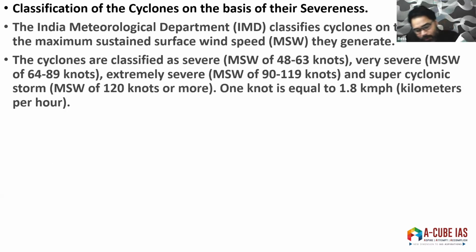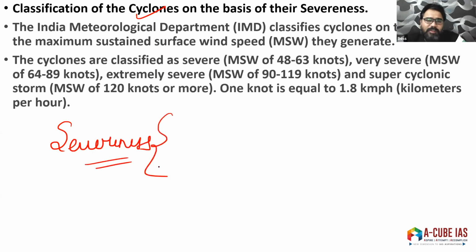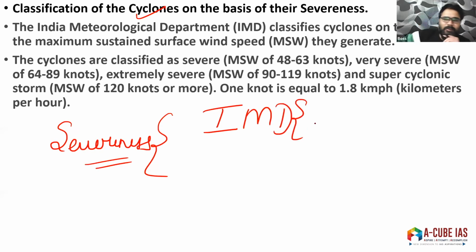Now, like I said, the classification of cyclones is on the basis of their severeness. How do you classify cyclones? The Indian Meteorological Department, that is IMD, classifies cyclones on the basis of MSW.